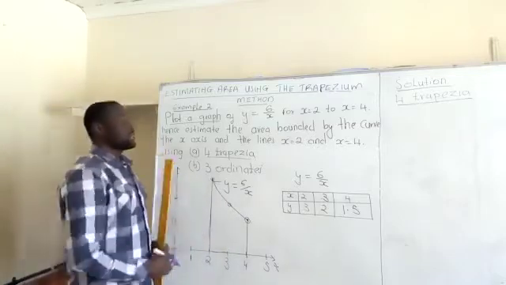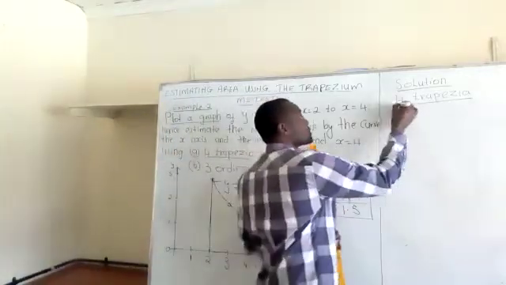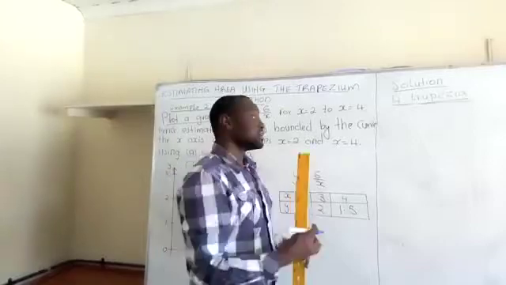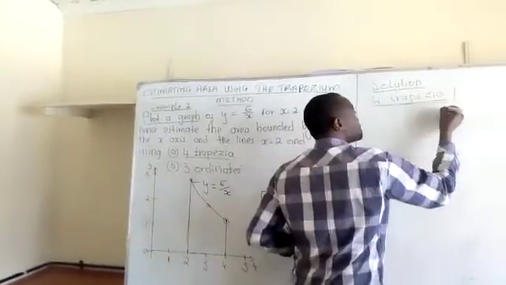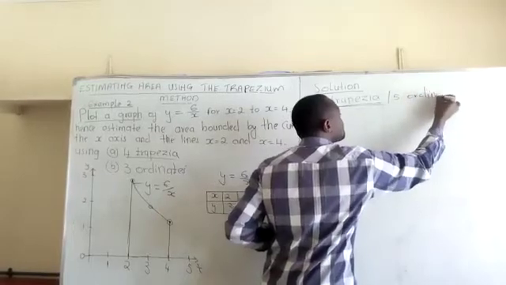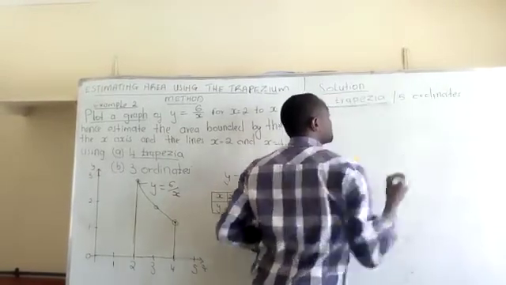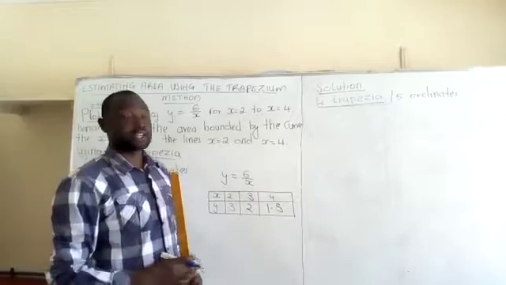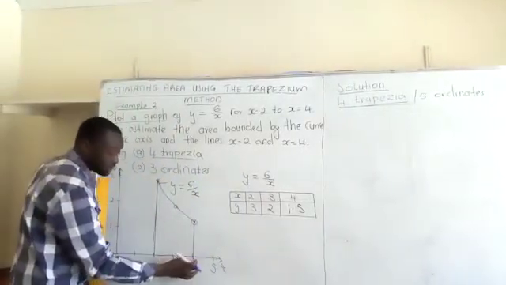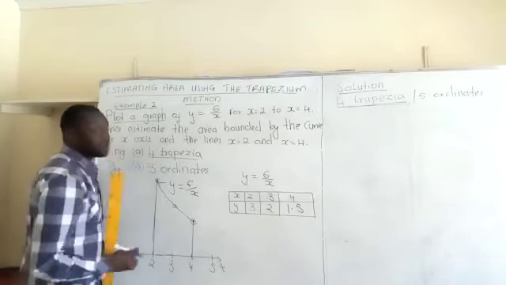So for part A, we need to use 4 trapezia. Remember, 4 trapezia means that we are going to use 5 ordinates. It is for values of x from 2 to 4.